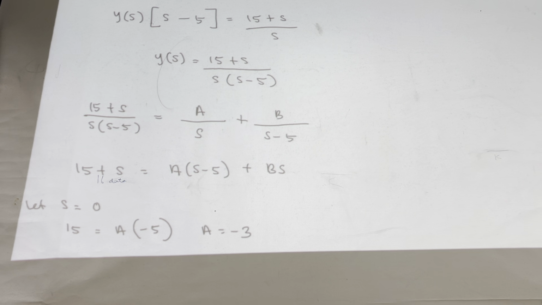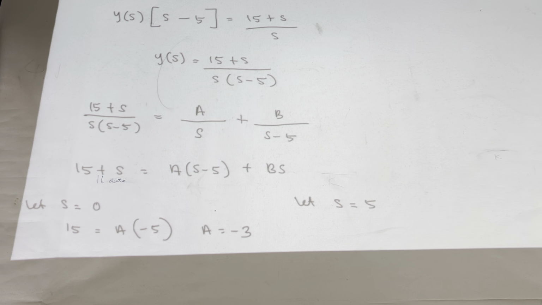Okay, now solve for B. So macam mana nak solve for B? Let s equal to 5. Okay, when s equal to 5, for the right hand side, 15 plus 5, 20. 5 minus 5, 0. So 20 equal to 5B.